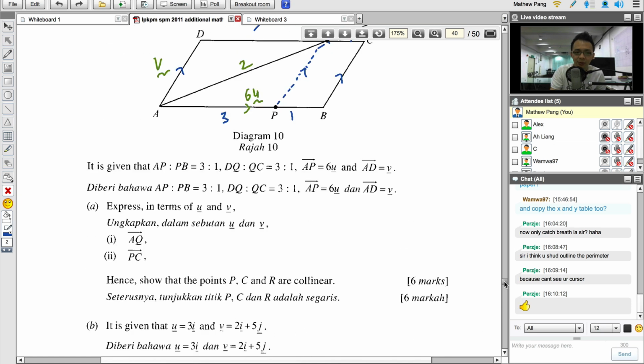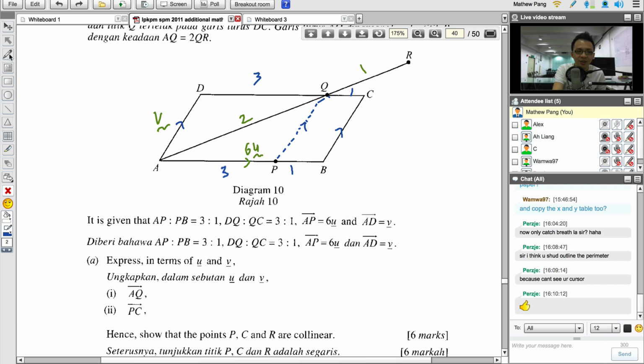Okay, the question first. It asks you to find AQ. So you can either go this way or this way, it doesn't matter. But going this way seems easier, maybe. AQ equals AD plus DQ. So what is AD? AD is v. What is DQ? DQ is parallel, same as AP, right?